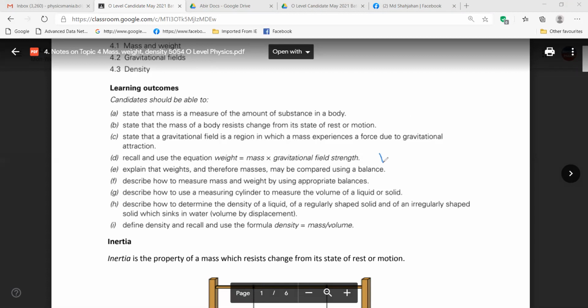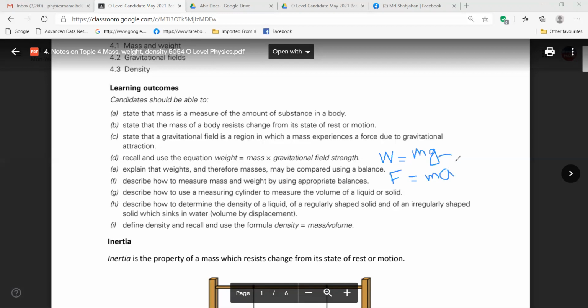Weight equals m into g, right? Yes. And you have before the formula F equals ma, right? Yes.